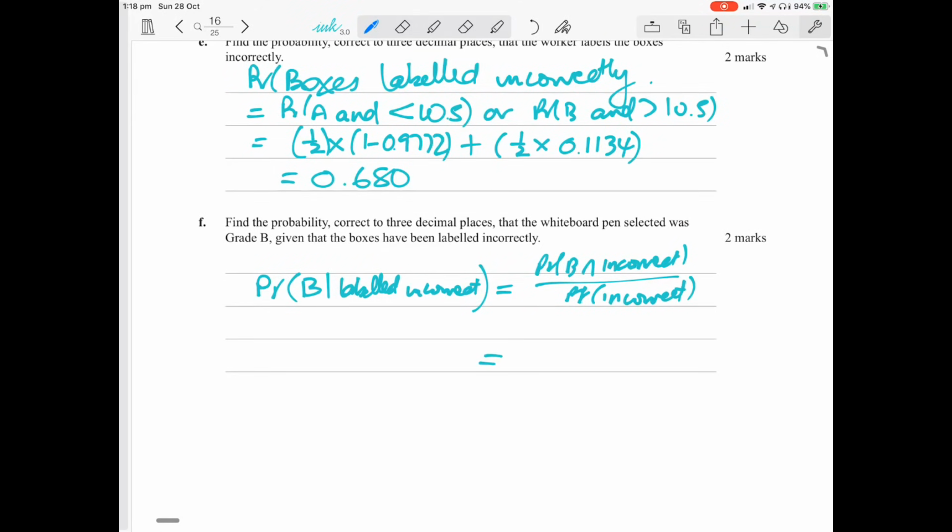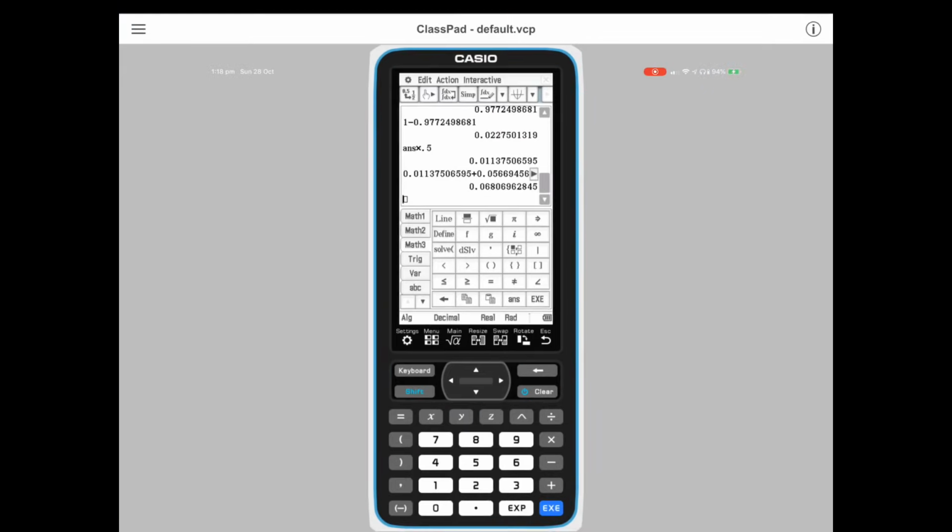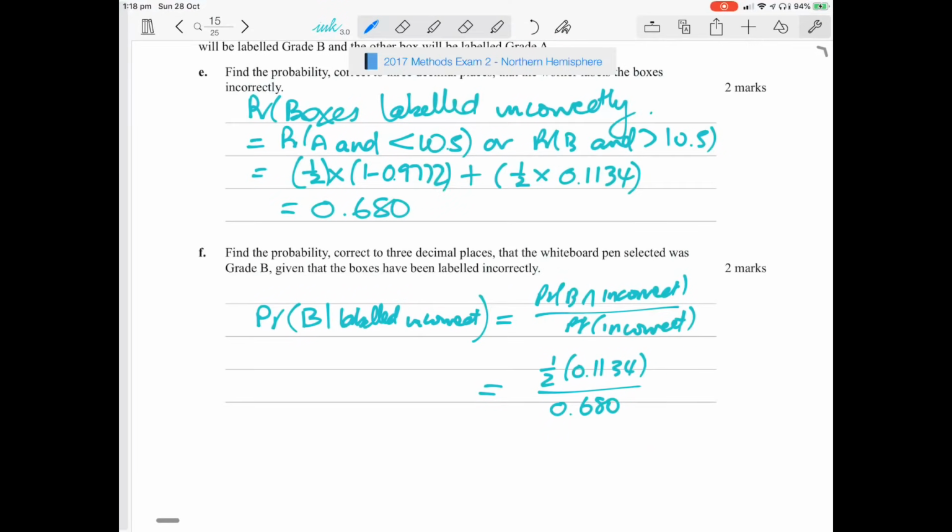So grade B and incorrect is a half times 0.1134, divided by 0.068. Was that right? It doesn't seem right.